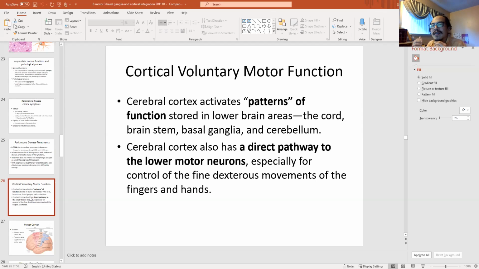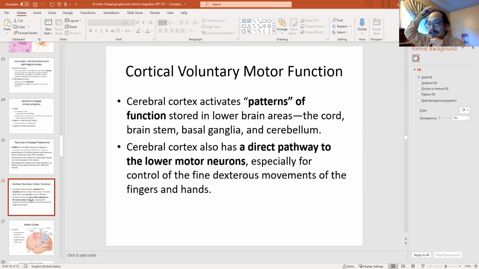So the motor cortex activates this wiring, these programs stored in different regions of our other motor areas. For example, in the spinal cord we have different reflexes. The one we talked about is the stretch reflex. We only mentioned this simple one, but there are different reflexes. You can walk, that's locomotion.